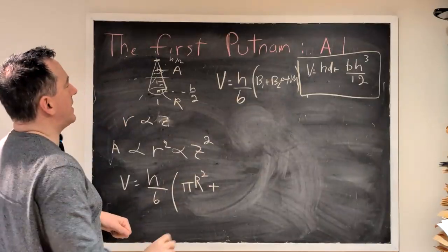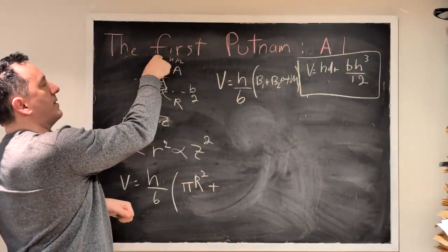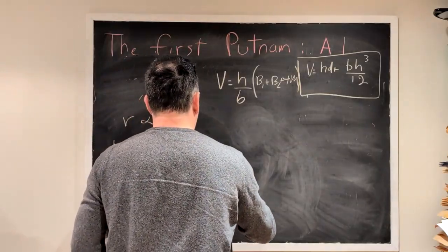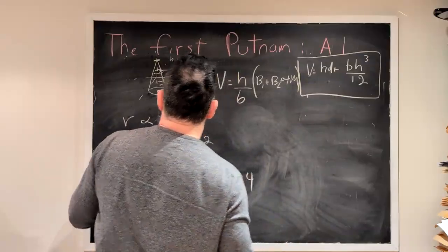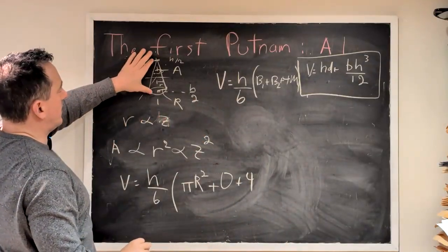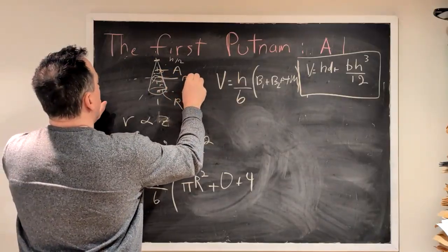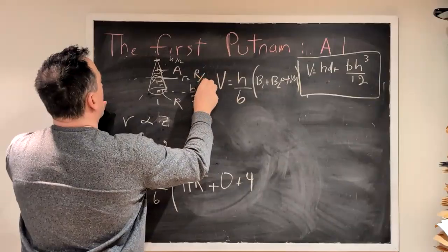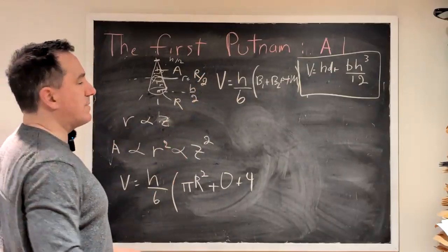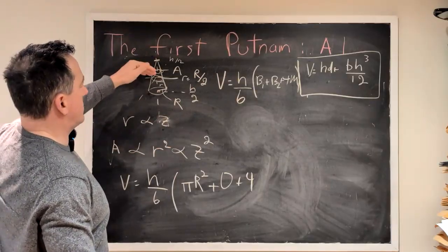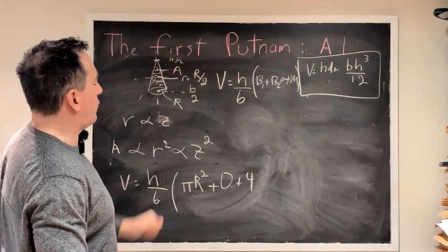Then we need to add the area at the top. Well, at the top we're at the apex of the cone, so the area is 0. Plus 4 times the area in the middle. In the middle, the radius is equal to half of the radius at the bottom, because that's a cone. Basically, when we go halfway up, the radius is reduced by a factor of 2.